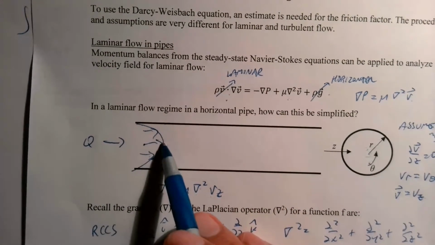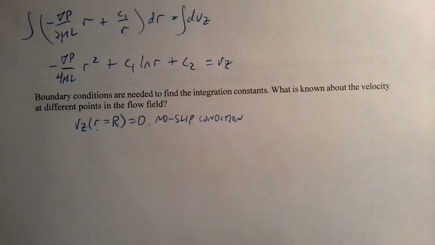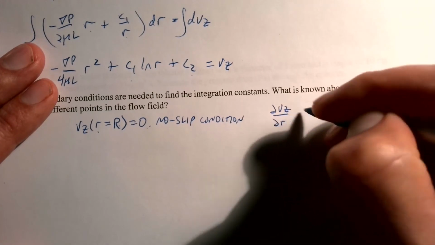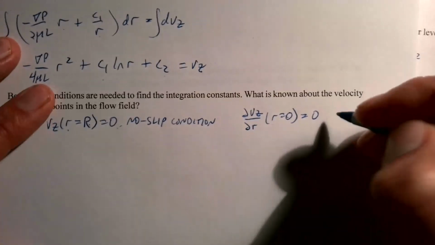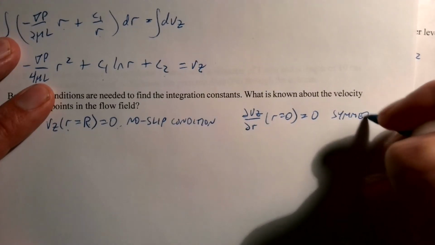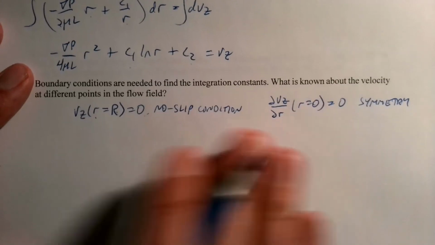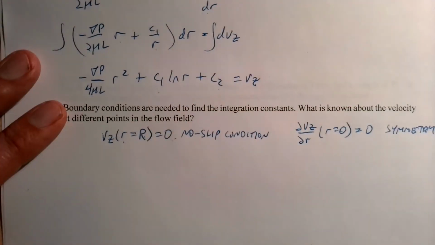And what that means is that the derivative at the middle needs to be equal to 0. So dVz/dr at r equal to 0 has to be 0 because of the symmetry condition. Okay, so now I need to plug these things in and get C1 and C2, and then I'll have my equation for the velocity at different points.